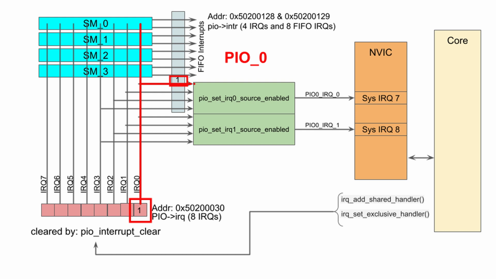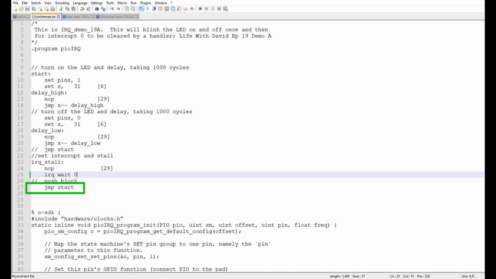Using the PIO set source API, which we'll define later, the INTR register is mapped to the NVIC, which then interrupts the main program and invokes the handler. After the handler clears the state machine interrupt, the PIO program continues and jumps to the program start again.